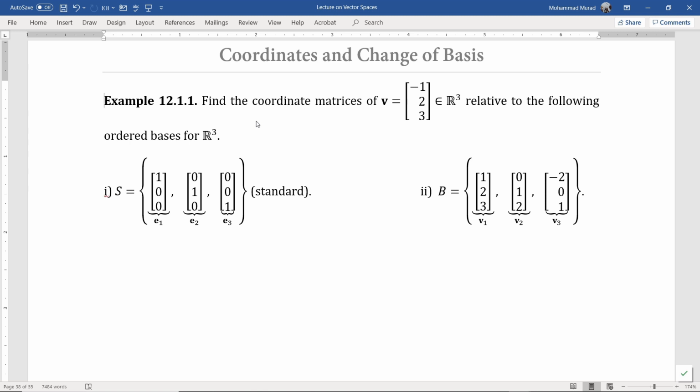In this example, we want to find the coordinate matrices of the vector v with components -1, 2, 3 from the space R3 relative to the following ordered bases for R3. The first basis, as we recognize, is the standard basis for this space R3, and the second basis B is a non-standard basis for this space R3.